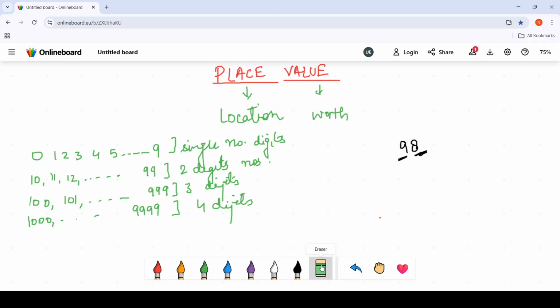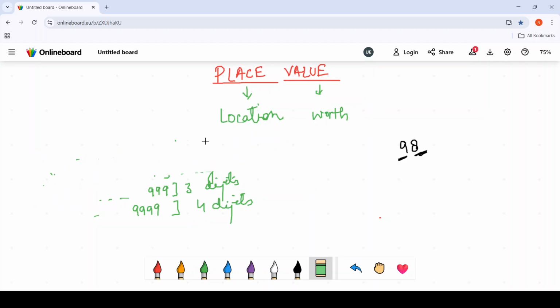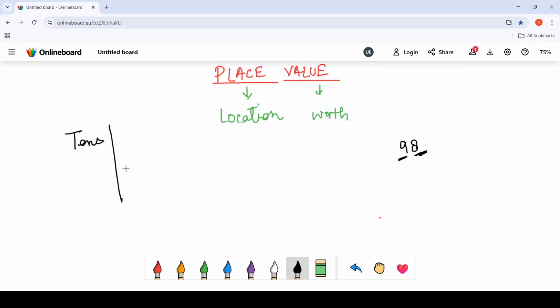All right, so let me just erase this. In today's lesson we are going to understand the place value in ones and tens place only. So let's make a table for the place value, tens place and ones place.